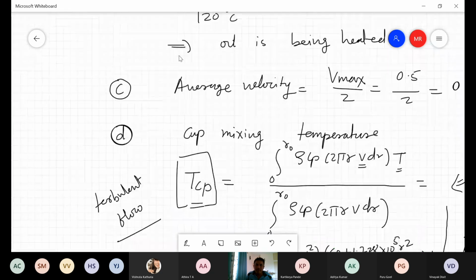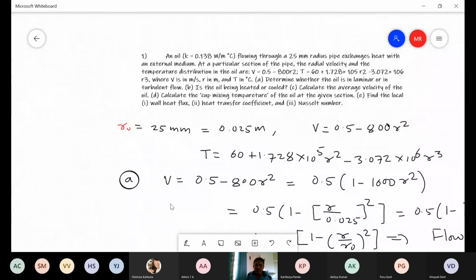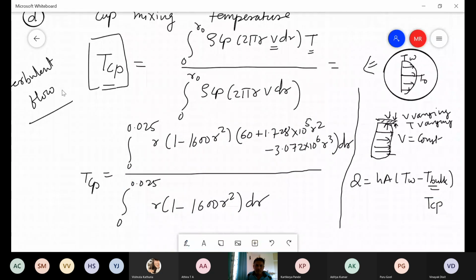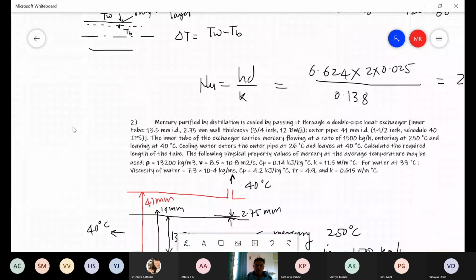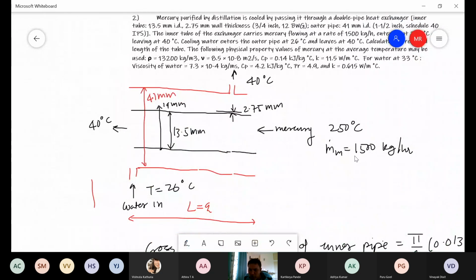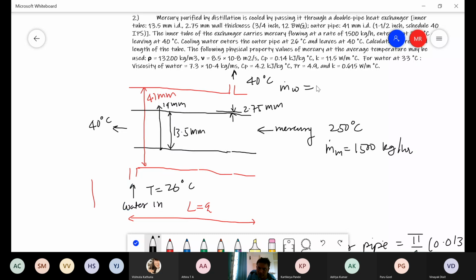So I can go back again. Just wait. Okay, so here you can see the 1500 flow rate is given, mass flow rate is given, but what is MW? That is unknown. Here MW dot is unknown.